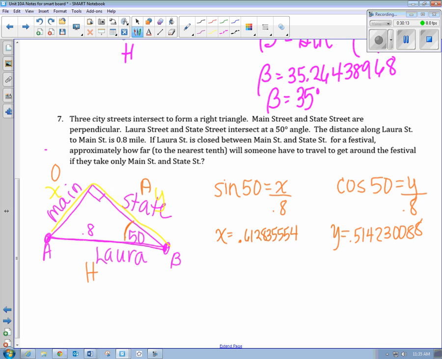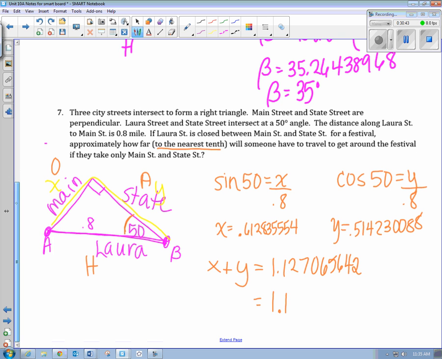I have to add the x and y together to find out the long way around, the long distance. Which gives me a total of 1.127065642. This question is asking me to round in miles to the nearest tenth. So when I round this to the nearest tenth, I get 1.1, 1 1/10 of a mile.